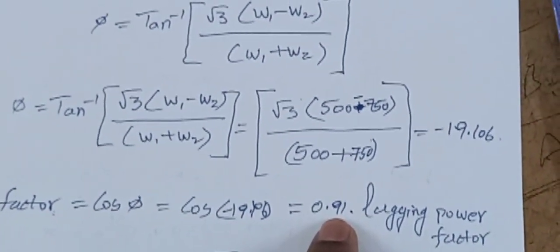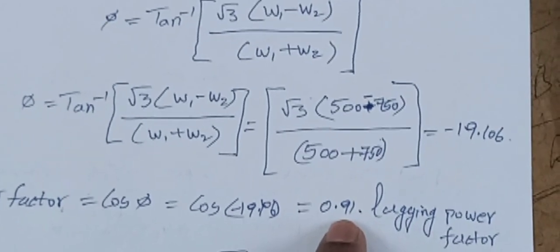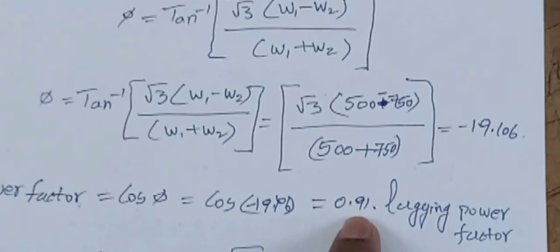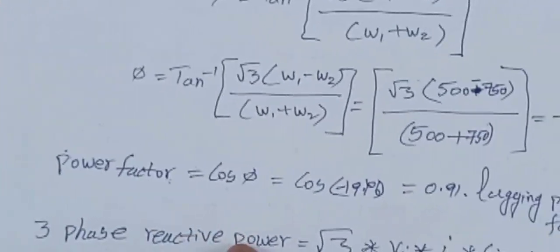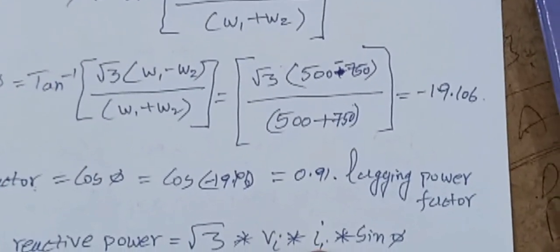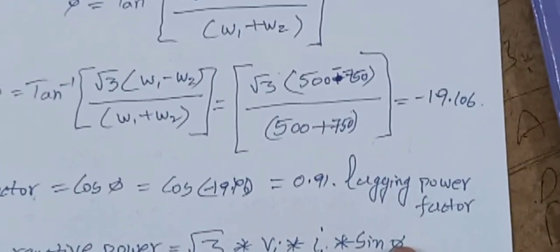In inductive loads we always get a lagging power factor, because current lags with the voltage in an inductive load. Okay, 3-phase reactive power. The formula is root 3 into VI sin phi.